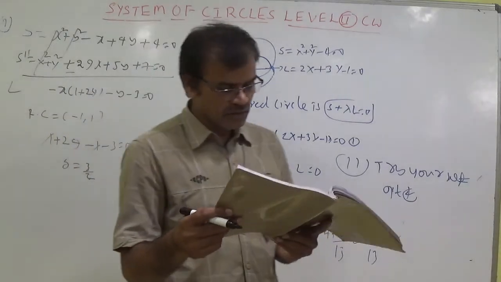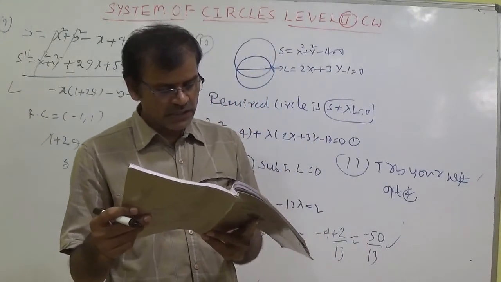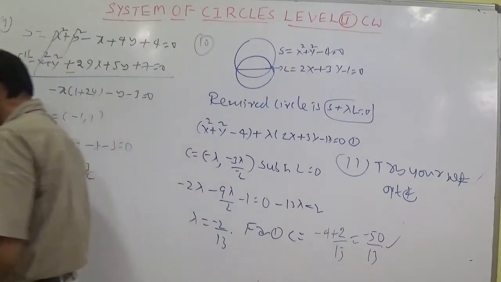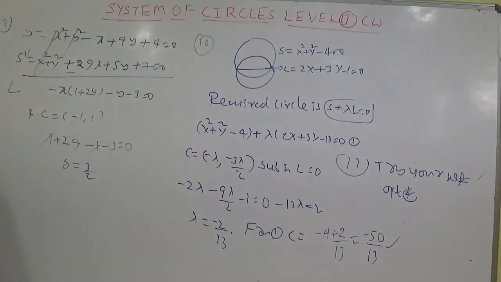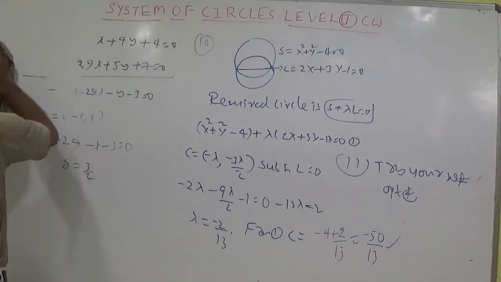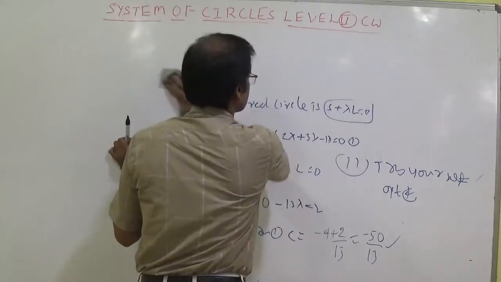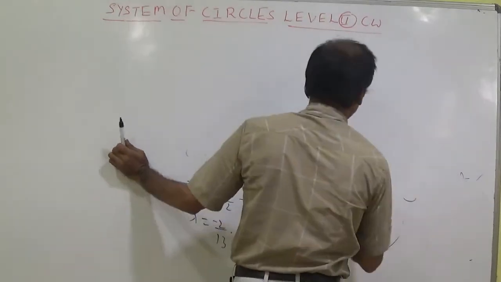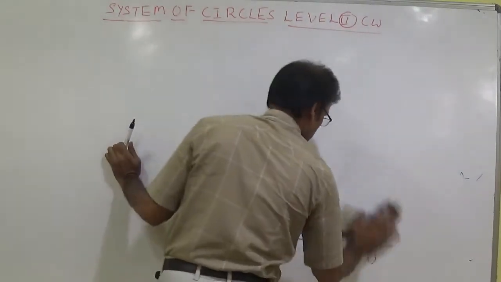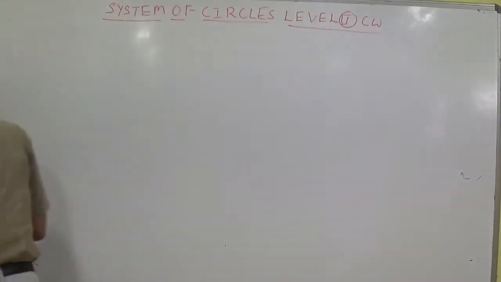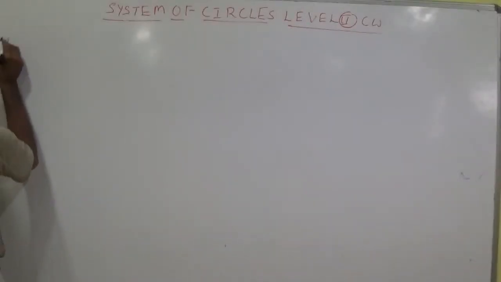Now 12th question. The equation of the circle passing through the origin and the points of intersection of two circles. For this also I will say a shortcut.